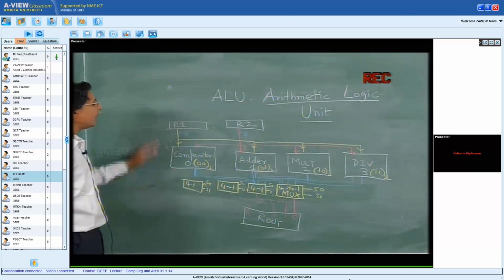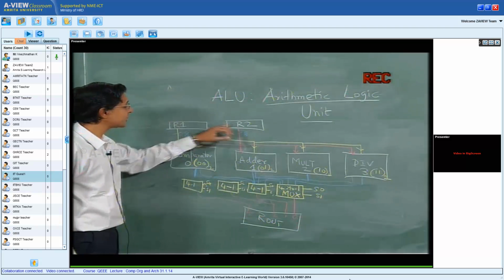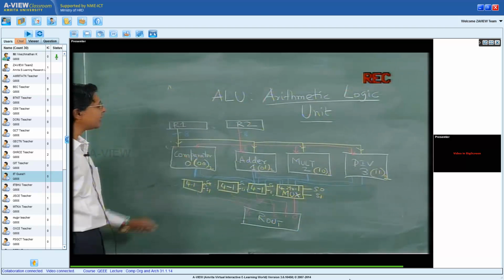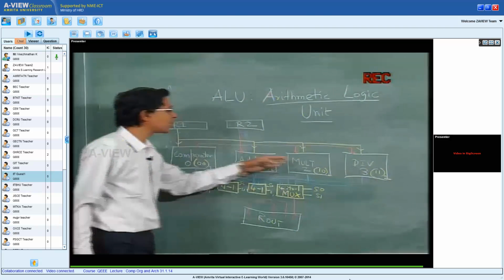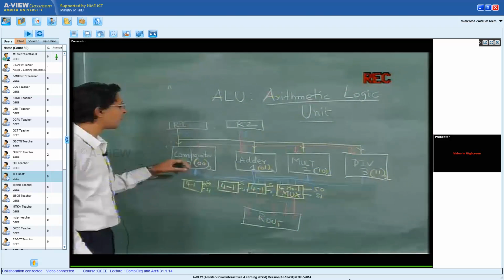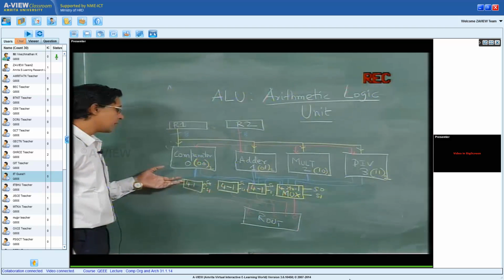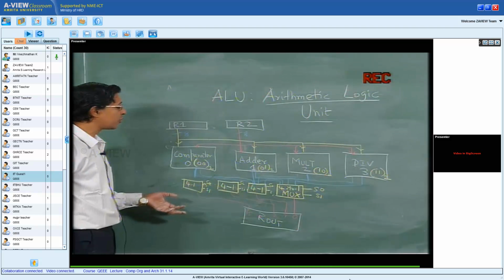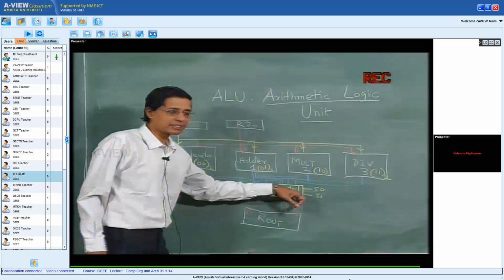So even in this small ALU, there is a combinational part, there is a sequential part which is essentially used for storage. There are combinational parts which are used for performing the arithmetic operation, namely comparator, adder, multiplier and divider, and there are combinational parts which are used for controlling the operation, namely these multiplexers.